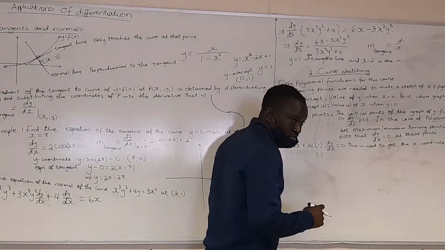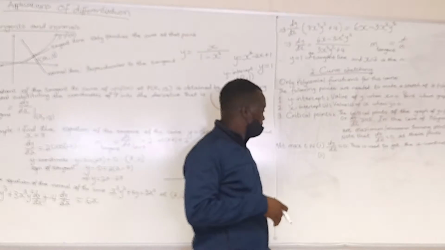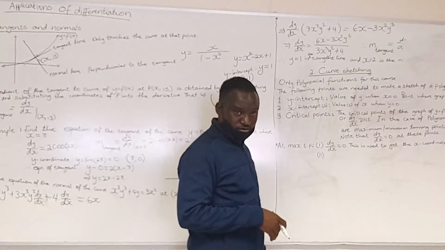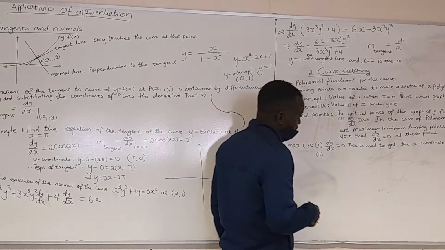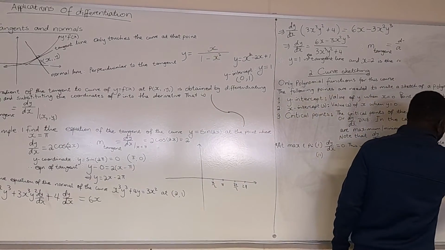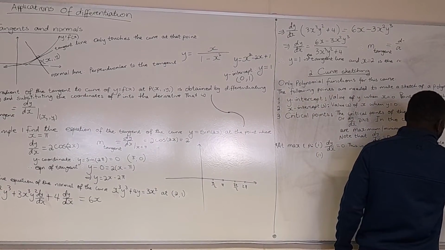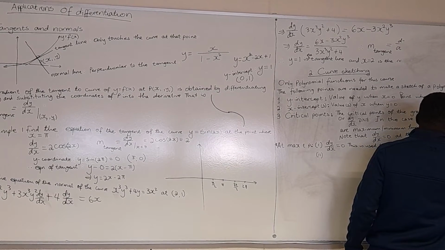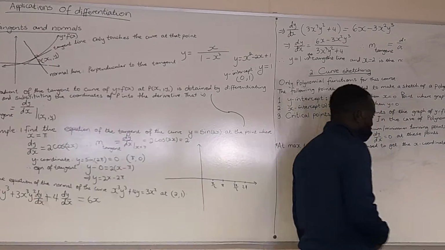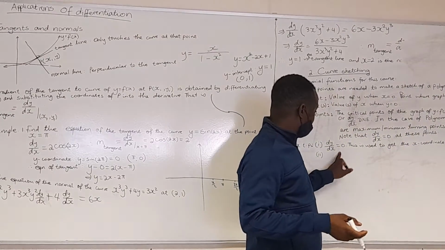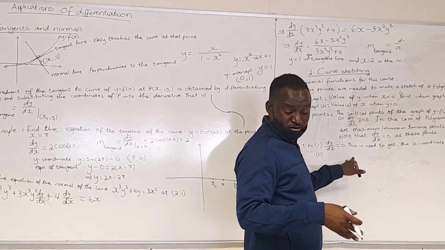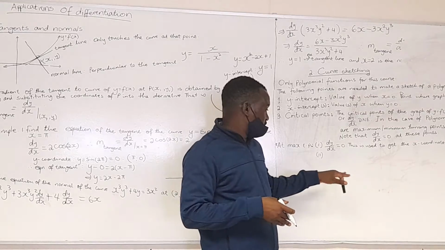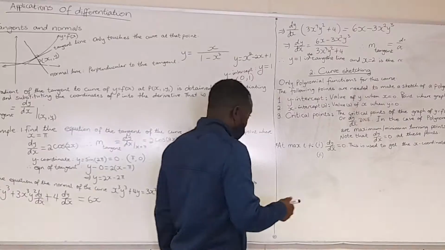Now, to determine whether it is maximum or minimum, because at a minimum the first derivative is also 0, irrespective of whether it's maximum or minimum, you get the x coordinates of the turning points. Then to check if it's maximum or minimum, you use the second derivative.